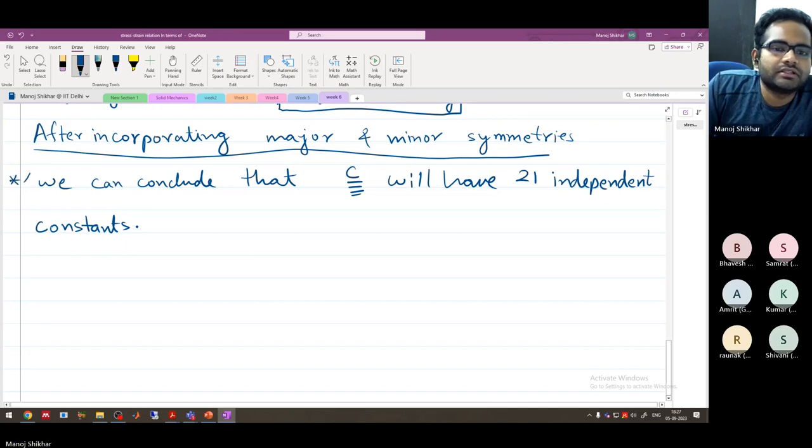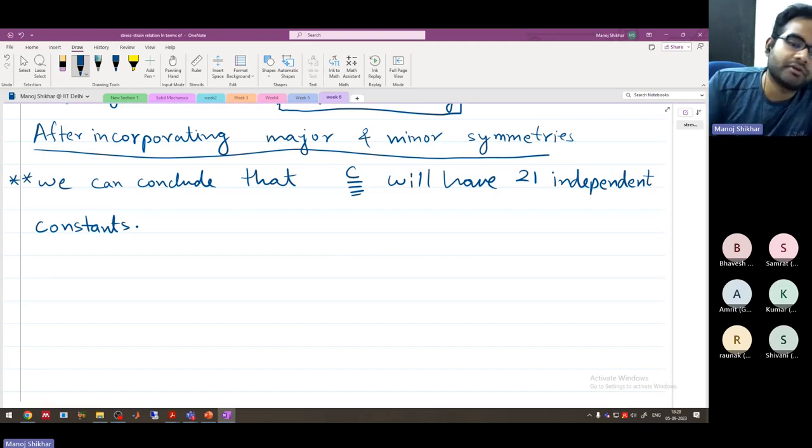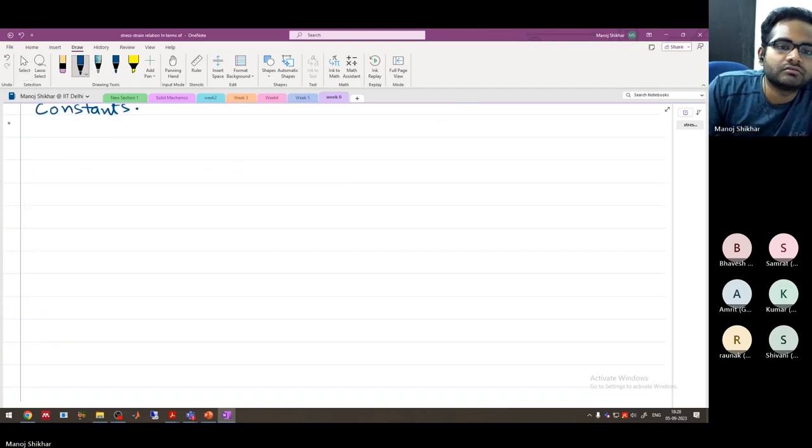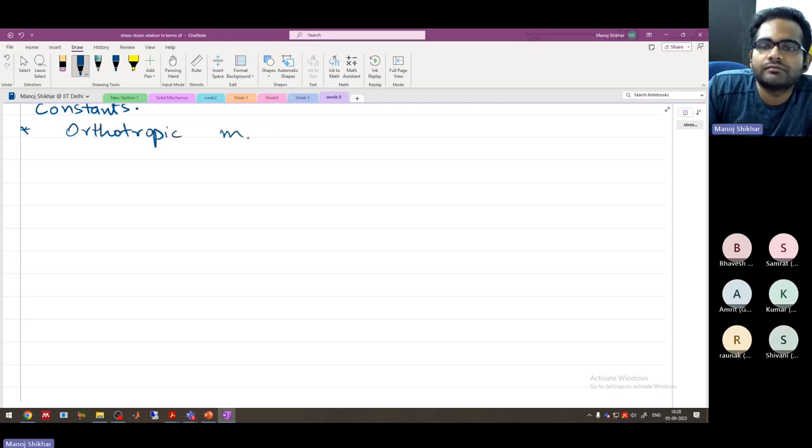So this is generally asked in the GATE exam also, depending upon the material type. For example, orthotropic material will have 9 independent constants. I will mention it here. Orthotropic material, 9 independent constants.